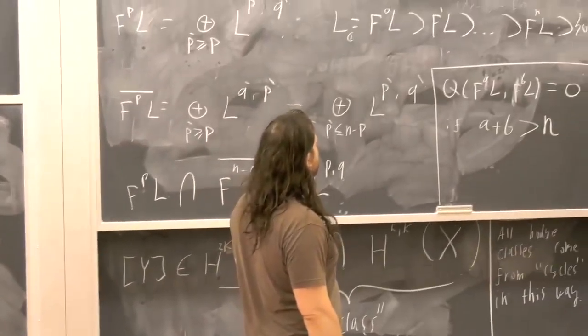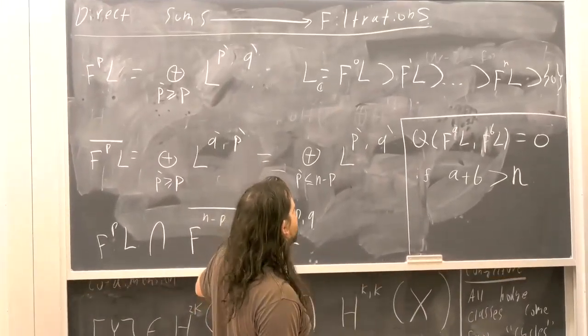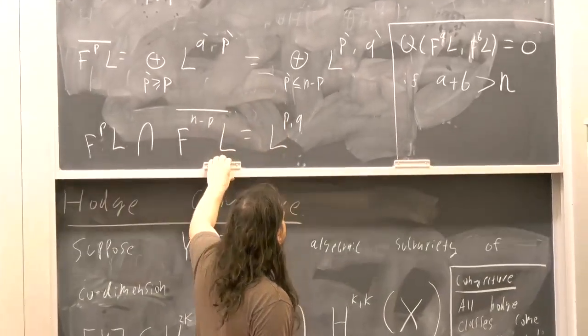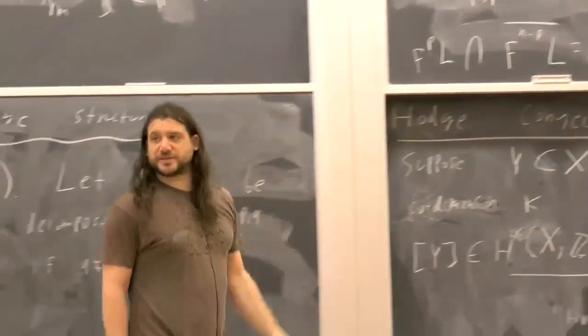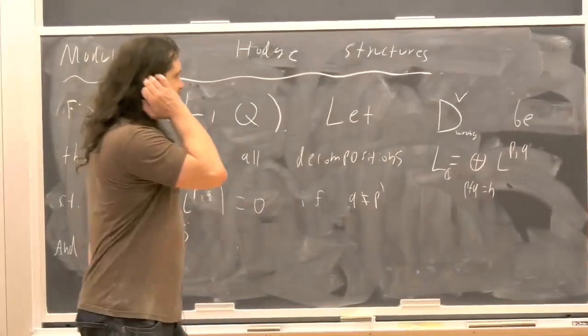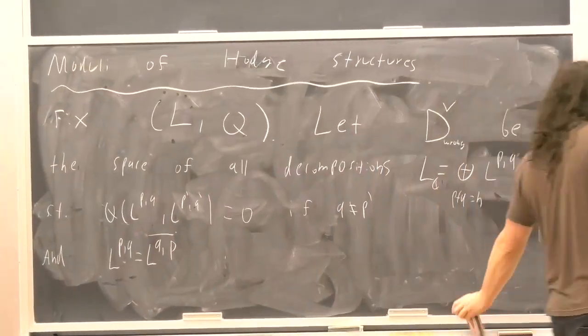If A plus B is bigger than n, that's right, that makes sense. Okay, so we can record these conditions very nicely in terms of the filtrations.